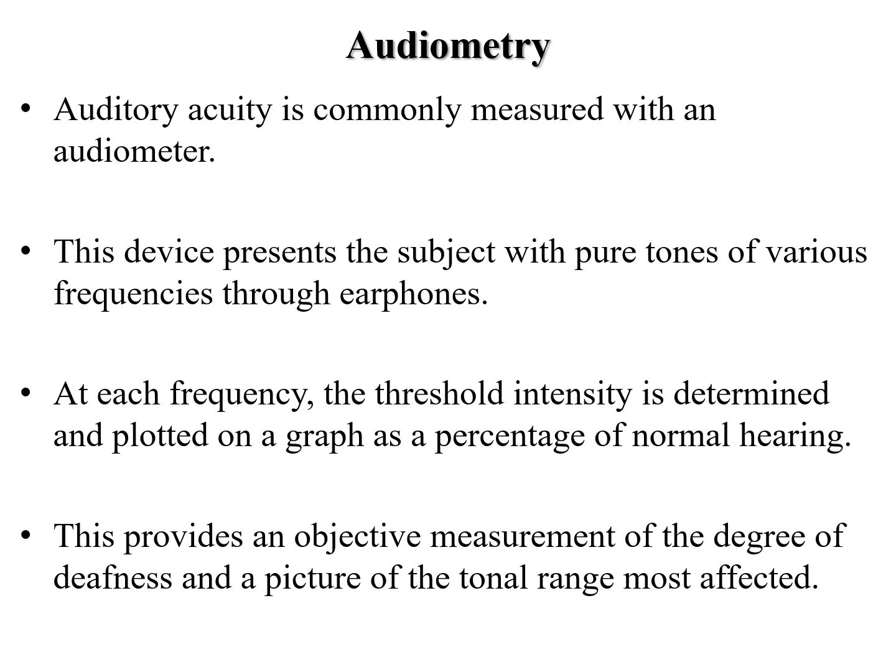It provides an objective measurement of the degree of deafness and a picture of the tonal range most affected. Means if a person is being tested by pure tone audiometry, first of all we need to have a normal hearing chart. Thereafter, for each tone, the person's threshold intensity is determined. If they match the normal, that means the person has no deafness.